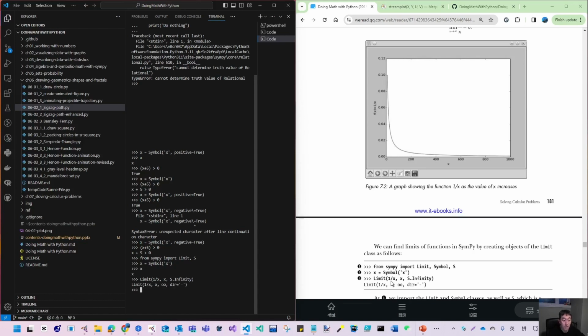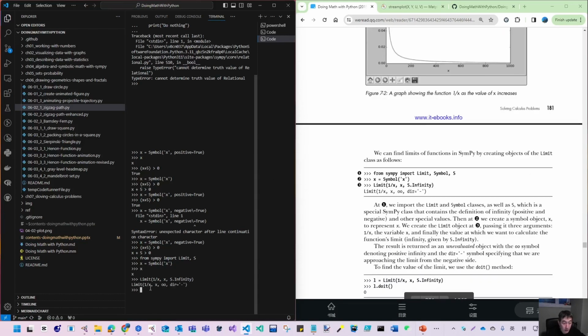Then what we got is it will tell us the limit of 1 divided by x, x going to infinity.